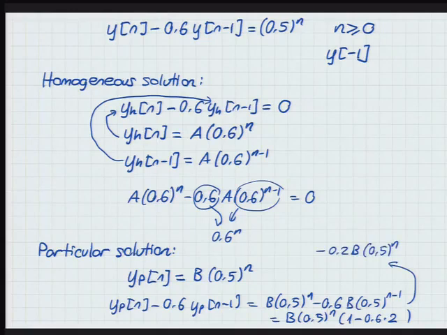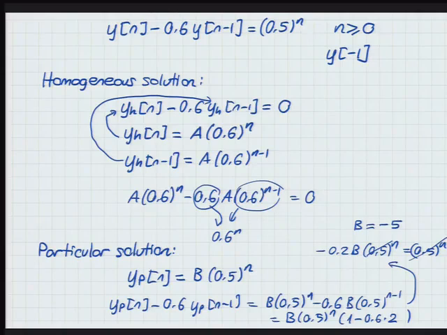That's what I get on the left-hand side if I substitute b times 0.5 to the n. That has to match the right-hand side, which is just 0.5 to the n with no factor. So those cancel, and b should be negative 5. All right?